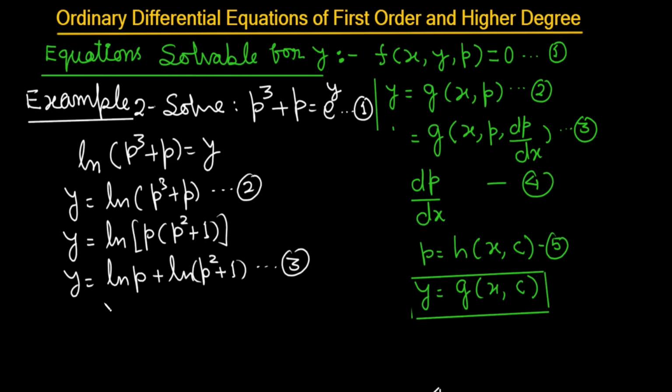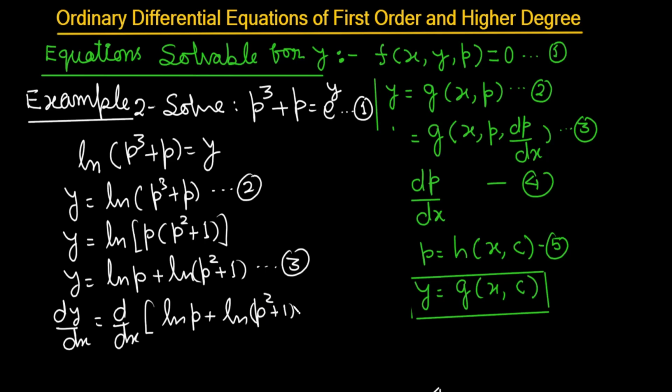Now next we take a differentiation of this with respect to x, so we get dy by dx. This is a derivative of log p plus log of p square plus 1. Now this one is equal to derivative of log p. We will apply chain rule here. Derivative of log p is 1 over p, and then derivative of p with respect to x, this will be dp over dx.